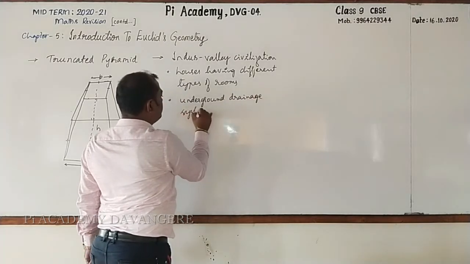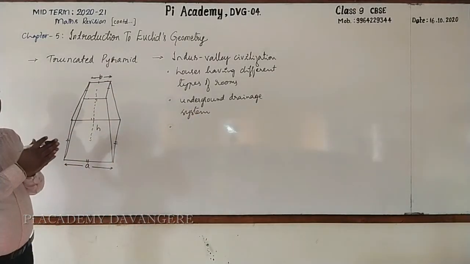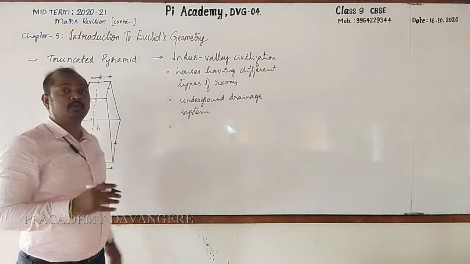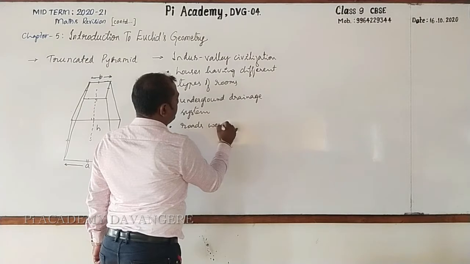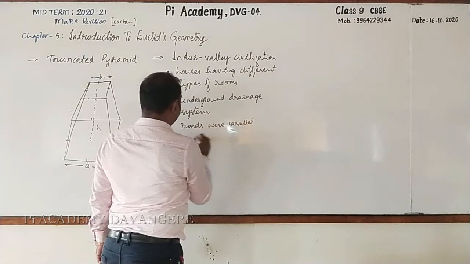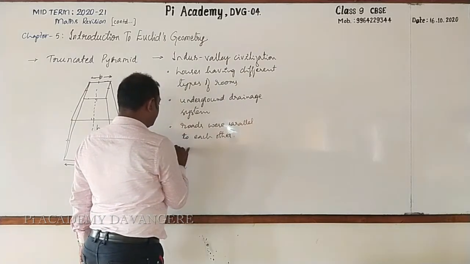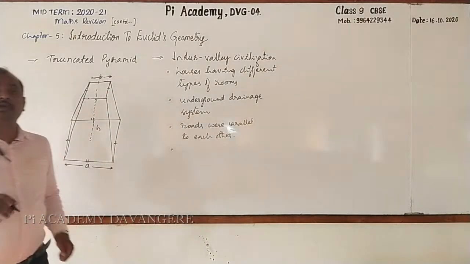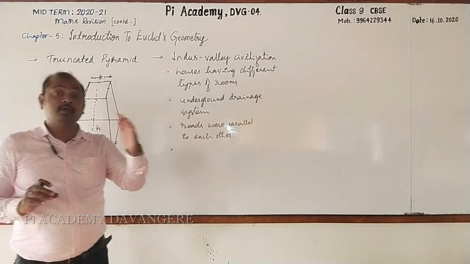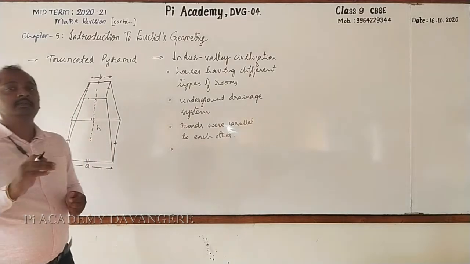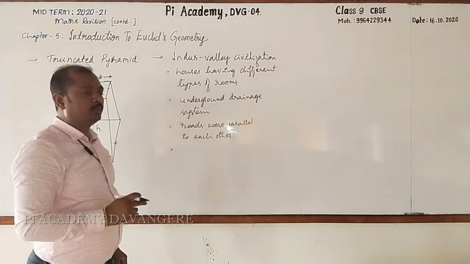Next, third one, yes, whatever the roads were there in that time, all the roads were parallel to each other. And whatever the bricks they were using, in that time only they were using the burnt bricks, and these bricks had the dimensions 4:2:1.